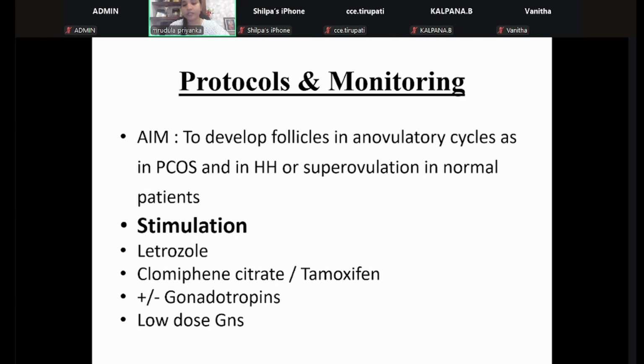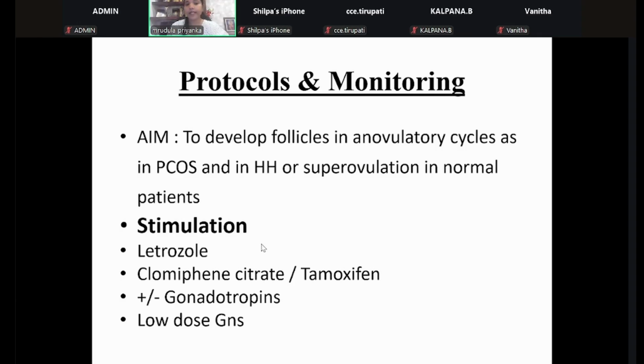Whereas in patients who are already ovulating, that is, a regular menstrual cycle, already ovulating women, we aim for superovulation, that is, development of more than one follicle and ovulation of more than one follicle. So that is superovulation.